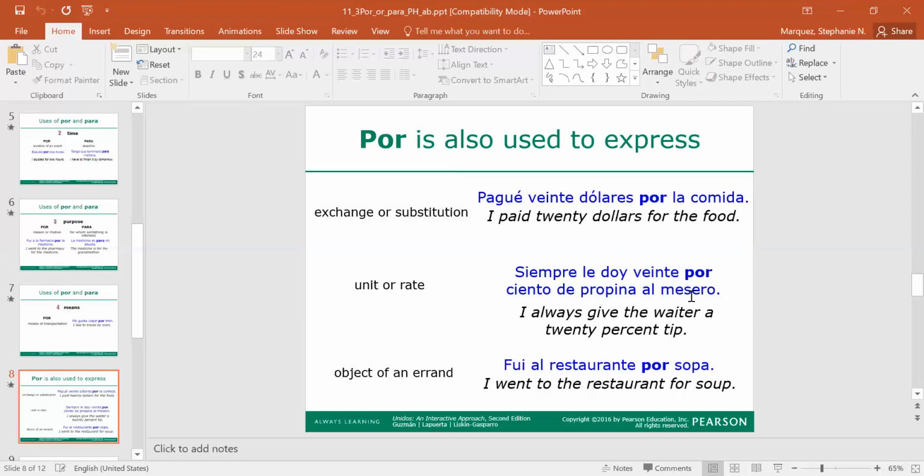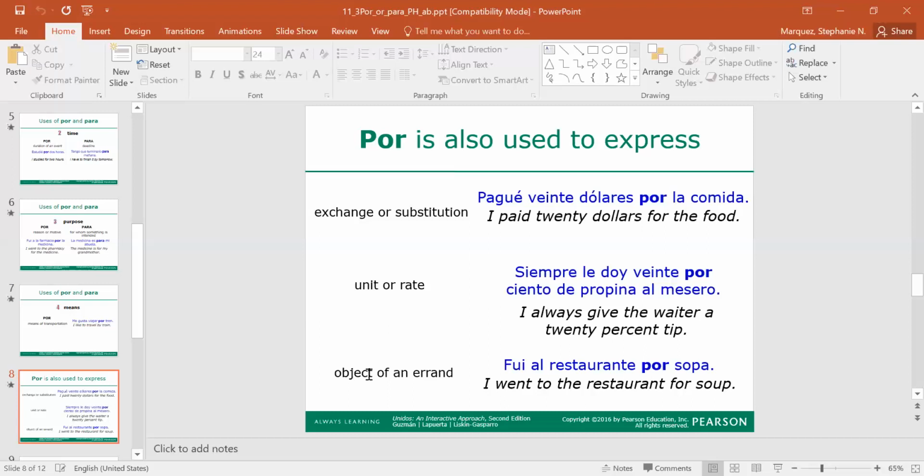Most of the time, when we in Spanish say per, it's going to be por. So if I wanted to say miles per hour, it would be millas por hora. Miles being millas, hour being hora, millas por hora, miles per hour. That's why I said to think about this as unit or rate. And if you think about it, even rate of speed, you're going 50 miles per hour. That's why I told you to think about it as meaning more like per in English.